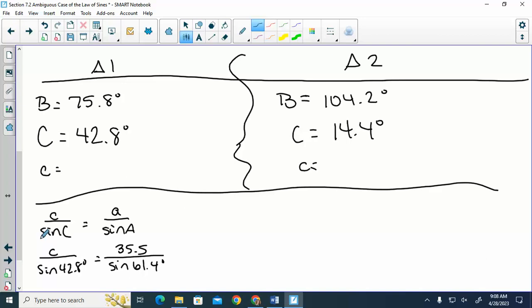So just like yesterday, all you have to do is multiply over the sine of 42.8. You get 27.570.